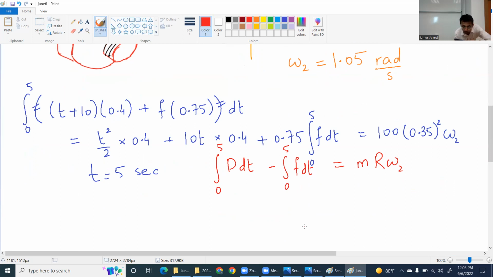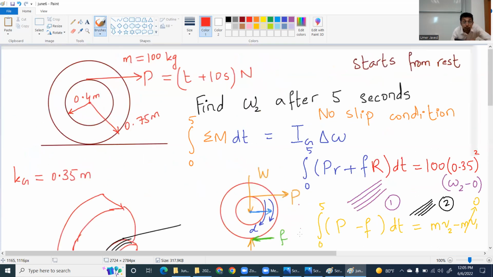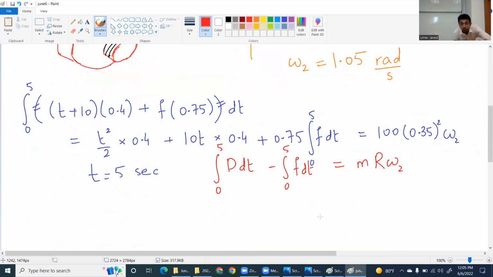So now from here, integral p dt. What on earth is this, by the way? So what was p? Did I give you p? T plus 10. So t plus 10 will be, right. Then I have minus integral 0 to 5 f dt.